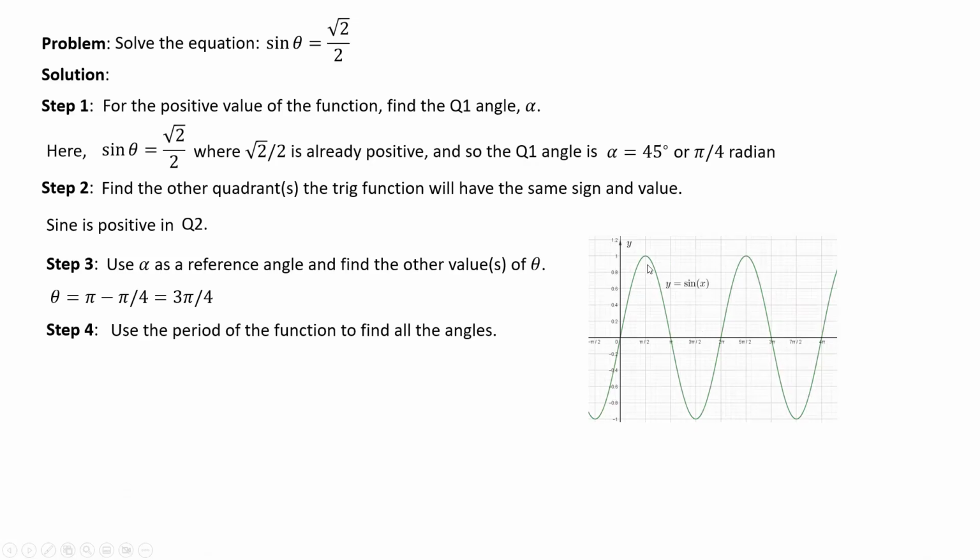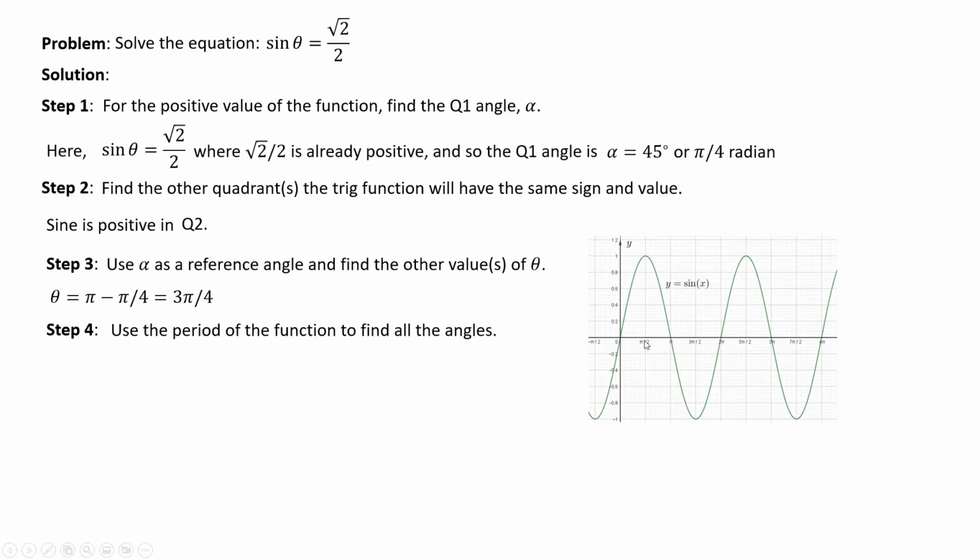For me, a good way of figuring out the period when you have the graph is to pick two identical points. Like for instance, the peak is here and the peak is here. That's why I'm saying they are identical. And measure the horizontal distance between those two.